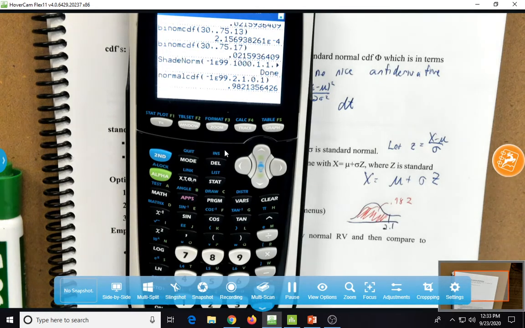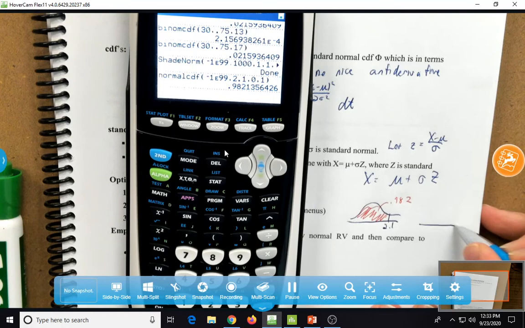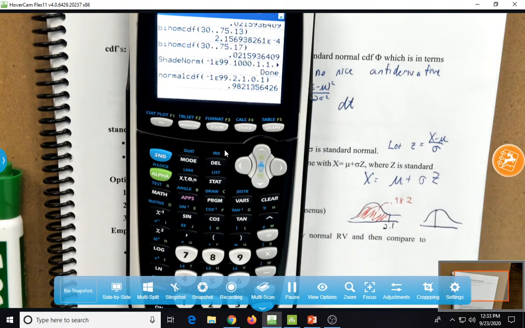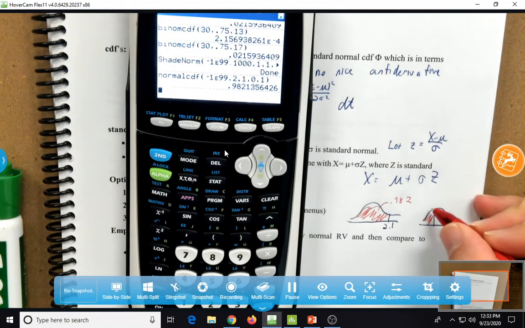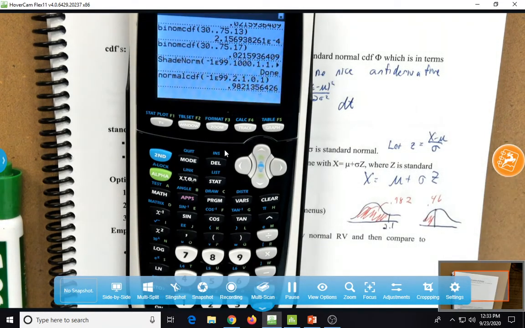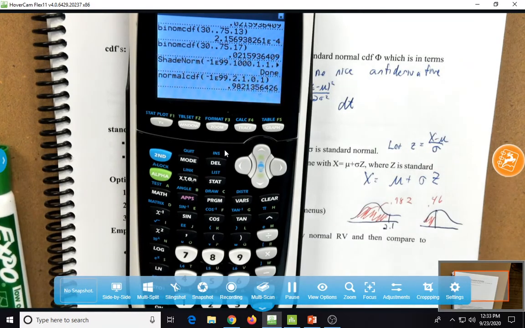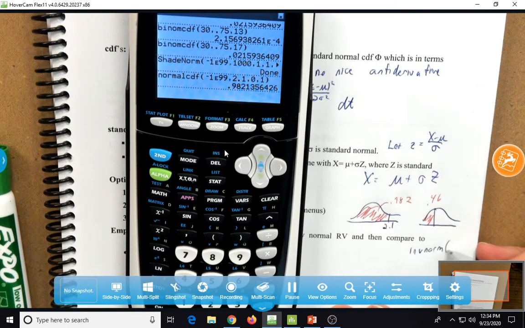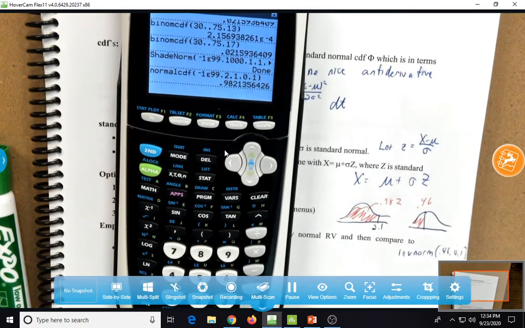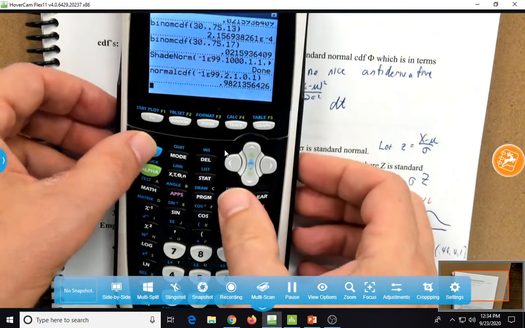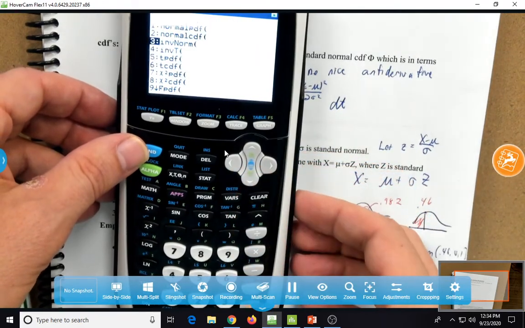The other one is, suppose that I've got this, and I want this probability that is like 0.46. Well, what I would do here then is do inverse norm. I think it's 0.4601 if I have a standard normal distribution. Let's see if that's what it actually is. So go to distributions, inverse norm.